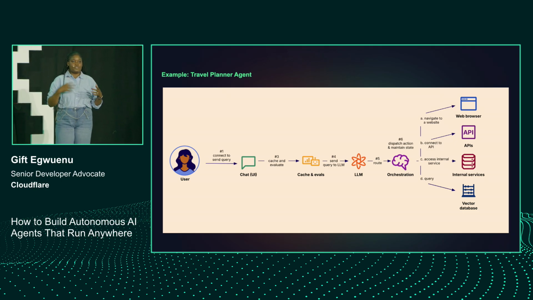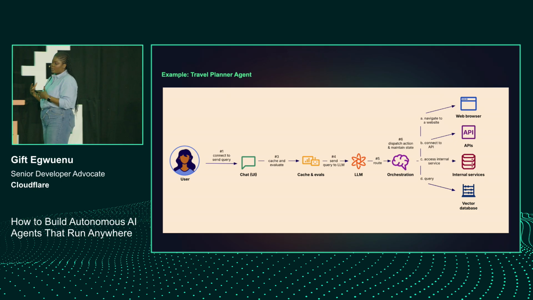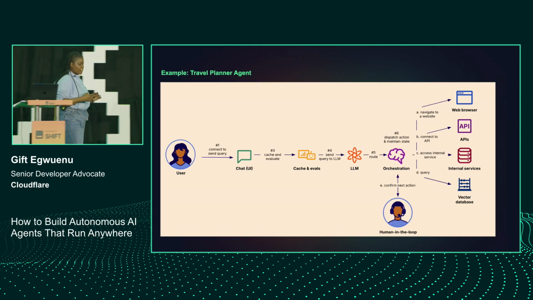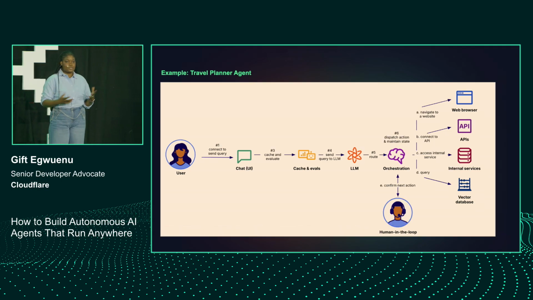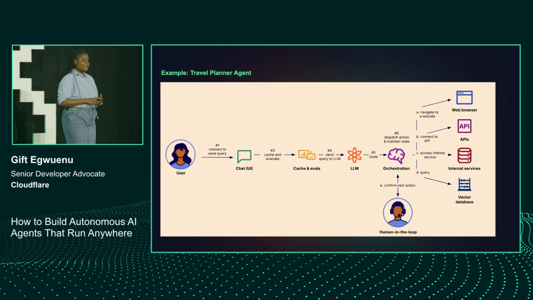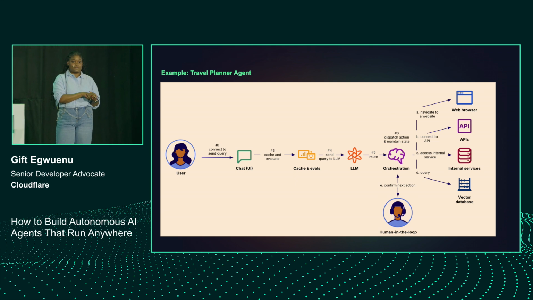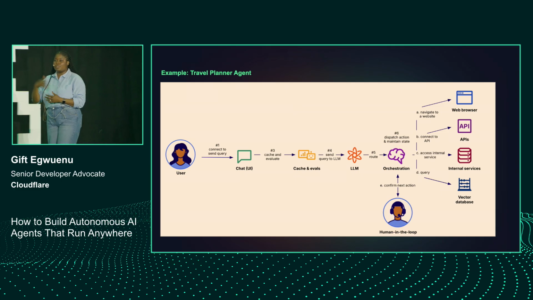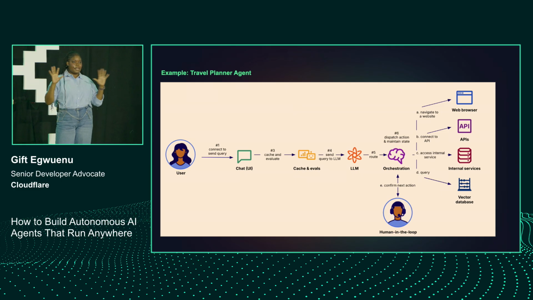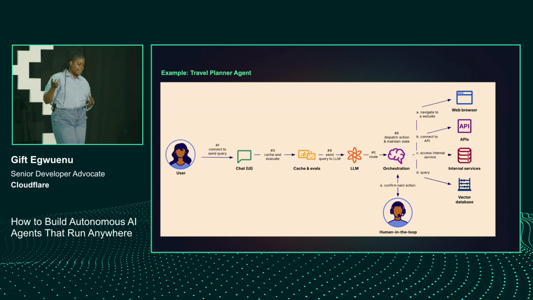Then I would use something called Cloudflare Workers AI to get models that I'll be prompting. I could either use Workers models or use models from OpenAI. It really doesn't matter. You can swap that part out with any LLMs that you're going to be using.